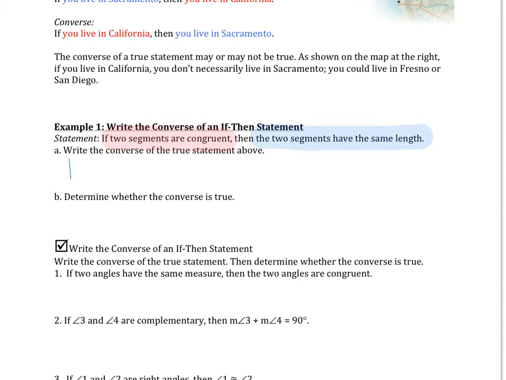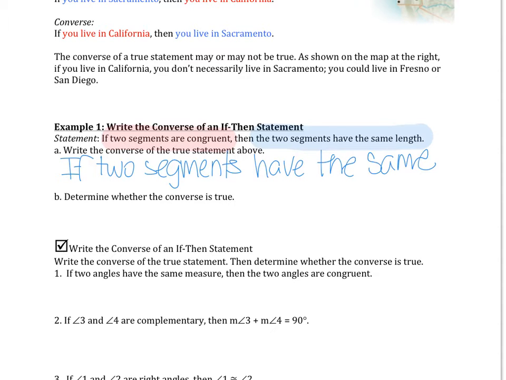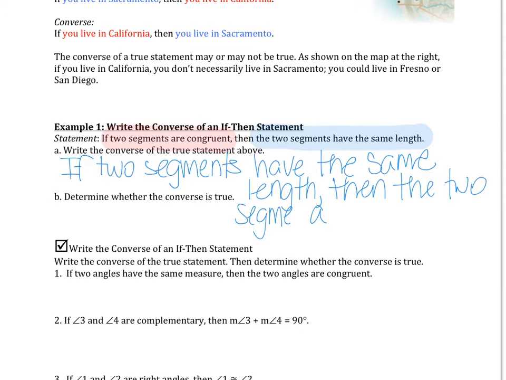So this would be: if two segments have the same length, then the two segments are congruent. Is that true? Yes, it's true.